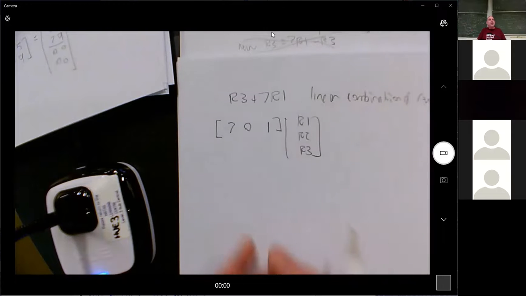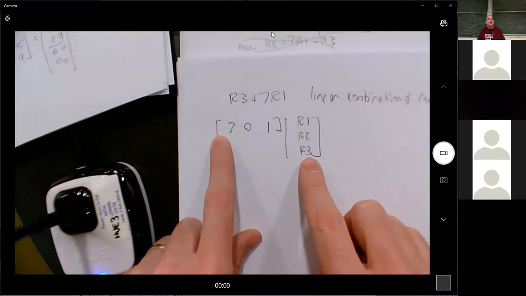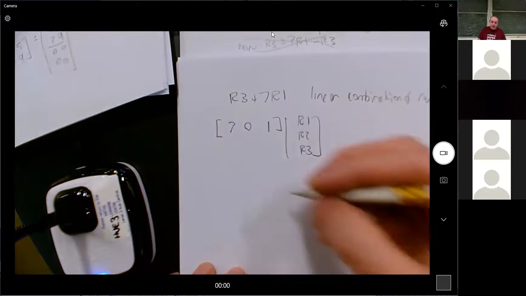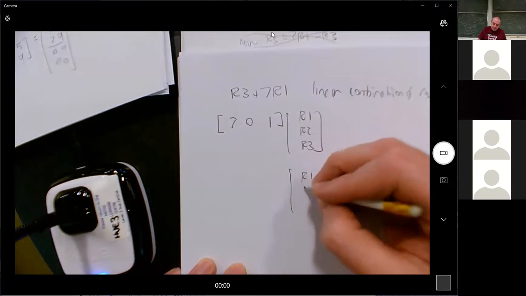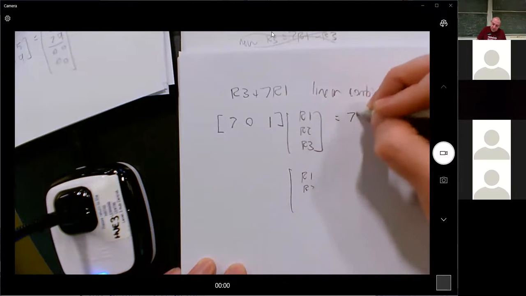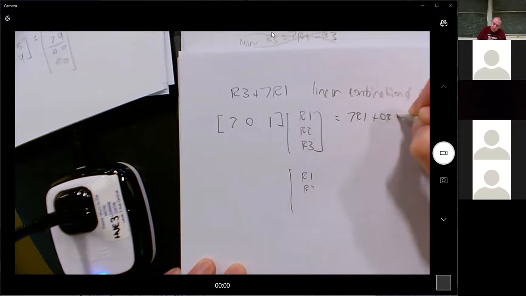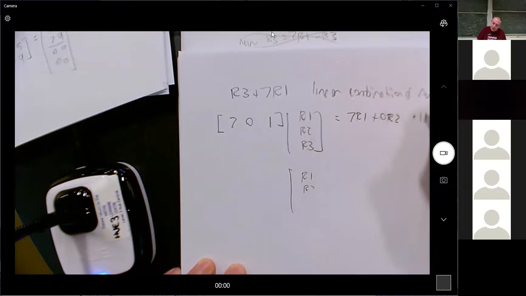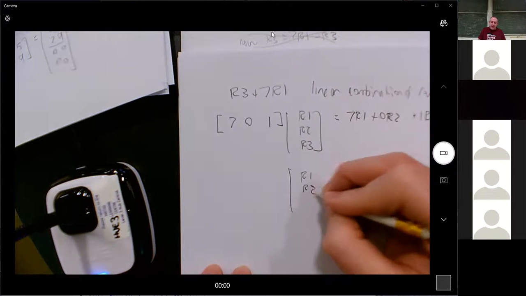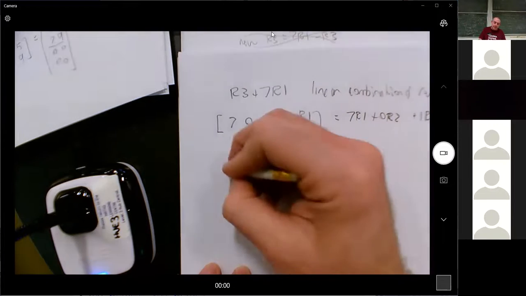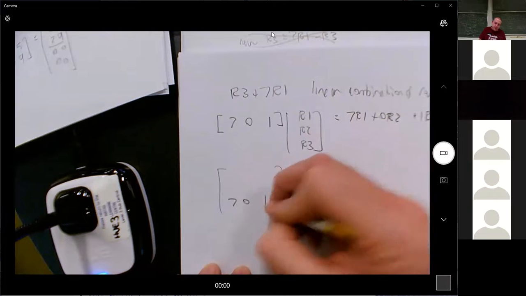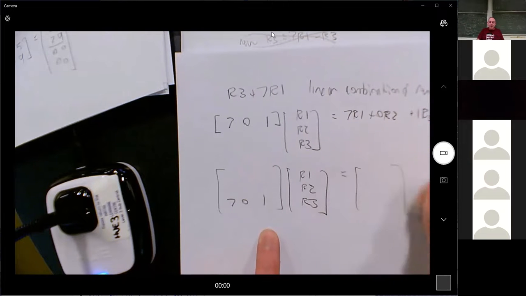And so if I want a matrix that has this in the 3rd row, so this is 7 of row 1 plus 0 of row 2 plus 1 of row 3, I'd put this in the 3rd row.